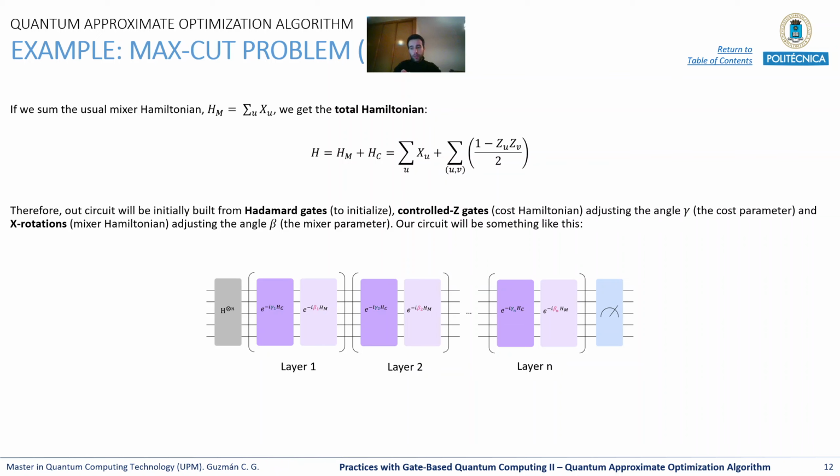We don't want to get stuck in a local minimum and take it as a solution when it's a solution but not the best one. This mixer Hamiltonian is called mixer because it can get us out of that simply by changing one of the qubits. It can mix the states a bit so we can skip that little local minimum and try to go to other ones.